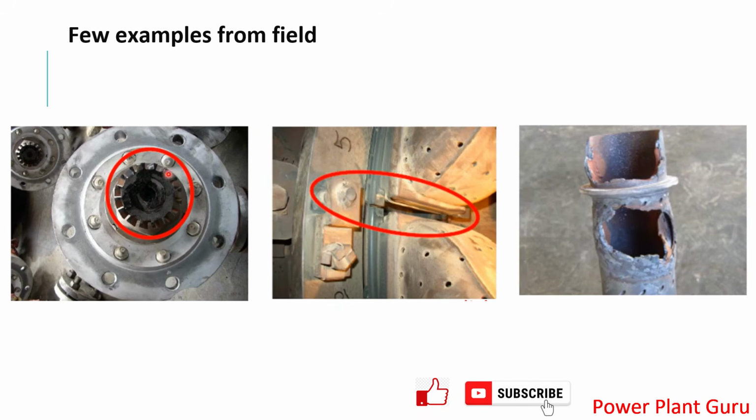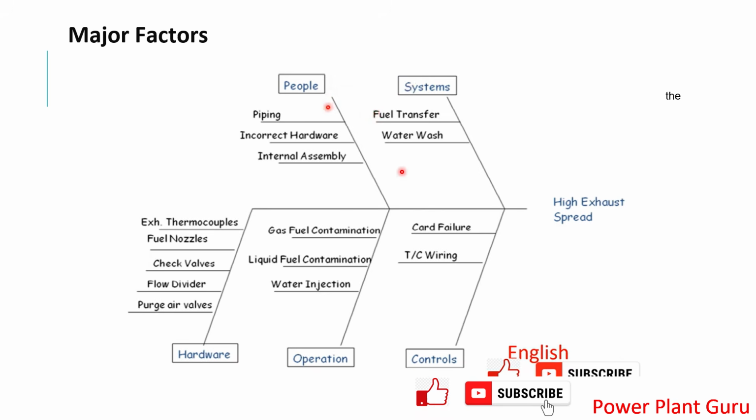If we go to the next slide, here we have tried to categorize the different factors which can contribute to high exhaust temperature spread. There may be problems with exhaust thermocouples, or problems with the piping and tubing.